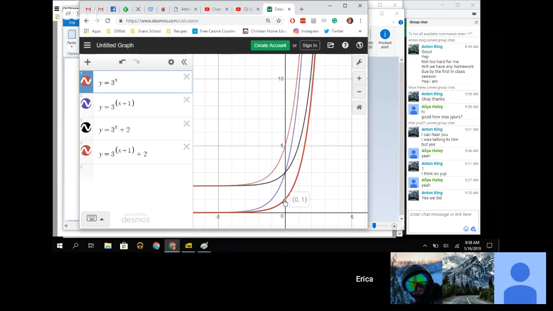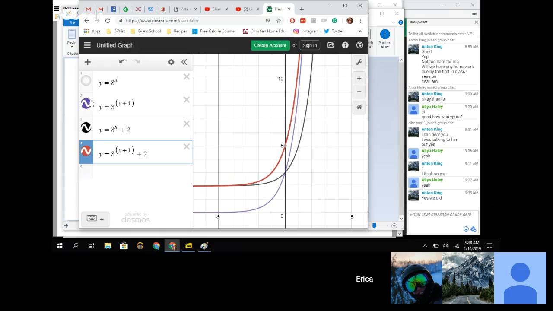There we go. I've shifted it to the left by 1, and I've shifted it up by 2. 1, 2. So that's my kind of inflection point, right? So that's how you get from your original curve to this new curve.